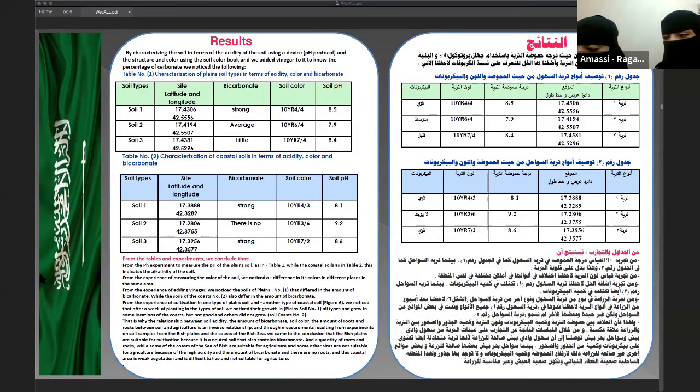But the soil of the coasts of Besh has a high acidity and is not suitable for cultivation until it is repaired.